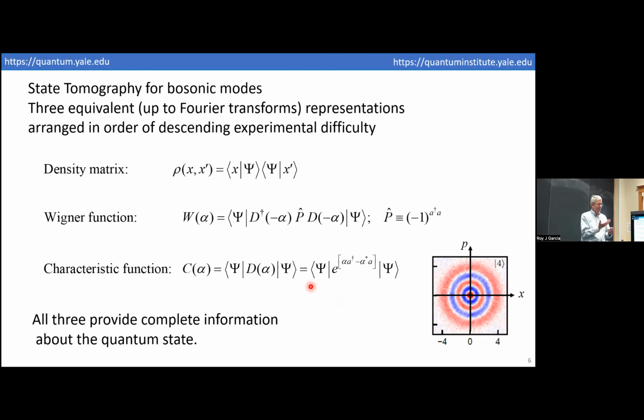It's a kind of autocorrelation function of the state, which you can imagine is related to Fourier transforms, and hence back to the density matrix. And it's a little tricky to take the overlap of a state that's been displaced with the original state, so you have to do a controlled displacement and use phase kickback to do that. But it's very straightforward for us to do and very natural with the instruction set that we have available.